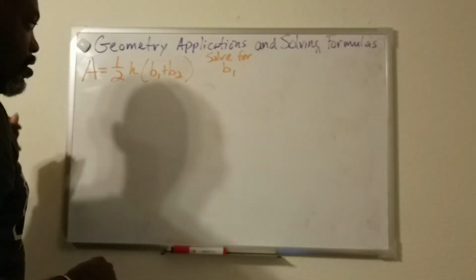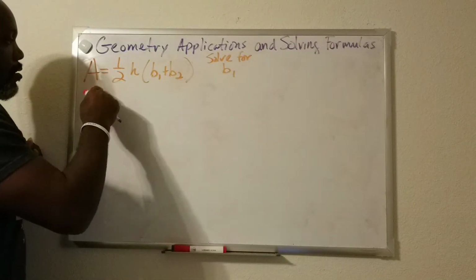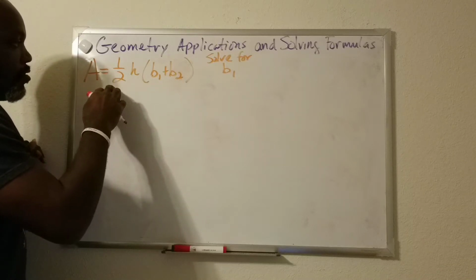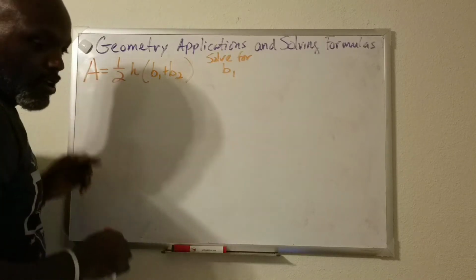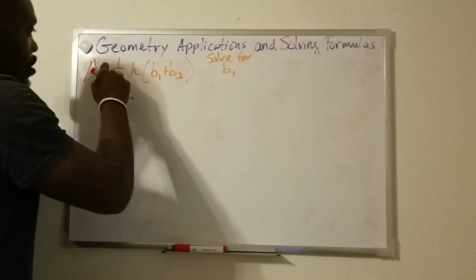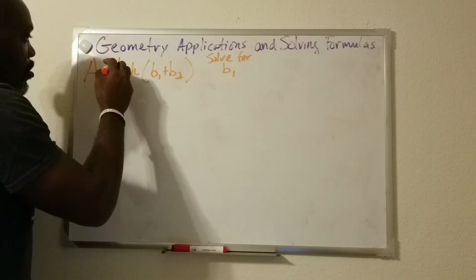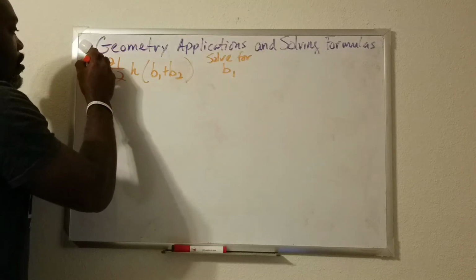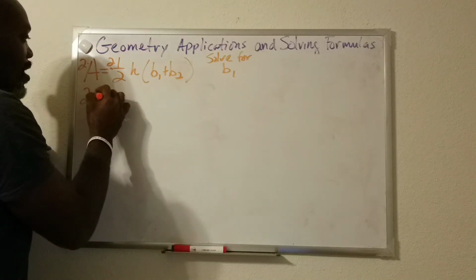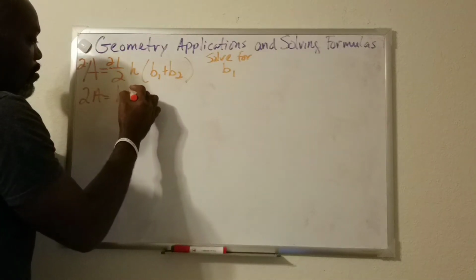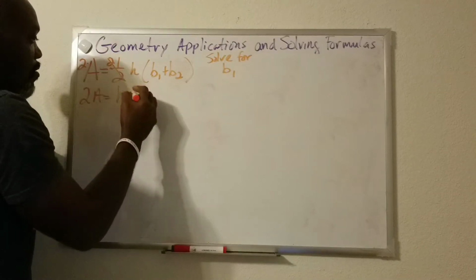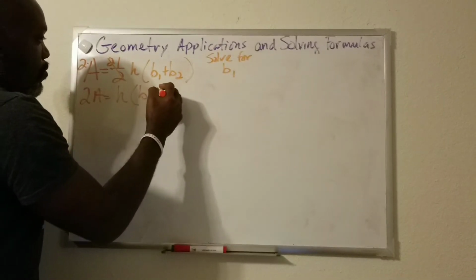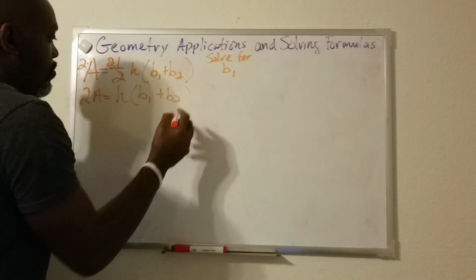So the first thing that we can do is that we can multiply both sides by 1/2, okay, or the reciprocal of this. So we're going to multiply this by 2, 1/2 by 2, and this side by 2. So you end up with 2a equals h, because this reduces out, h times b1 plus b2.